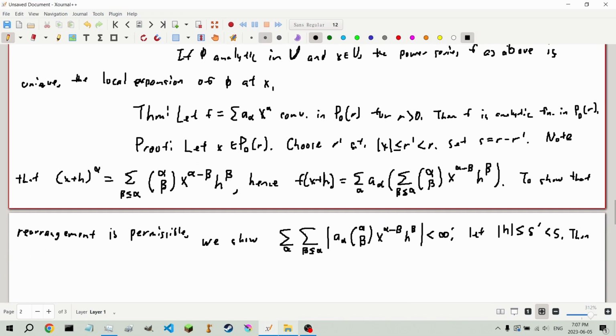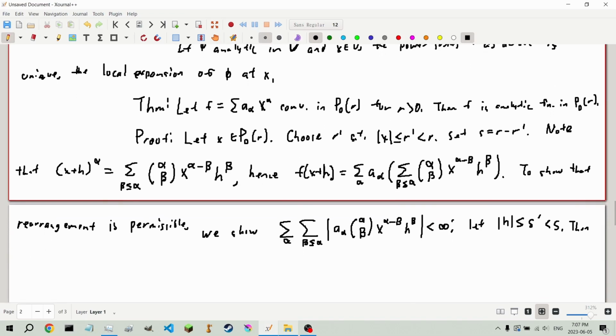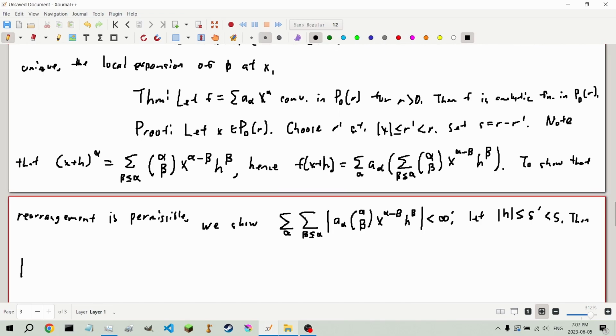Then this term in the sum, the size of a_alpha times alpha choose beta times x^(alpha minus beta) h^beta, is at most the size of a_alpha times alpha choose beta times the size of x to the alpha minus beta times the size of h to the beta.